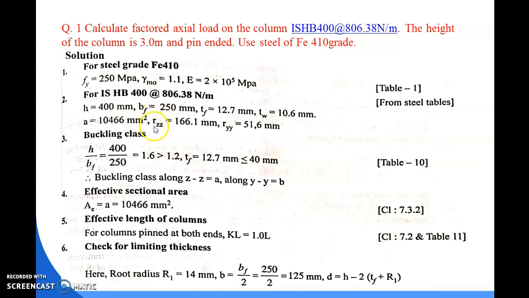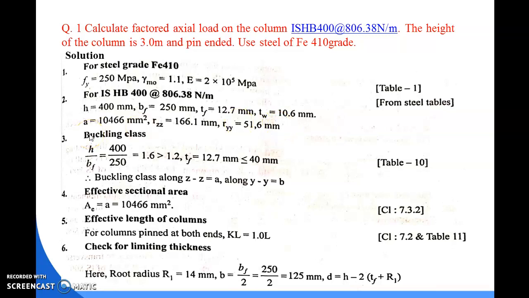Here the radius of gyration is provided in both axes, ZZ axis and YY axis. In the ZZ axis, the radius of gyration is equal to 166.1 mm and the radius of gyration in the YY axis is equal to 51.6 mm.